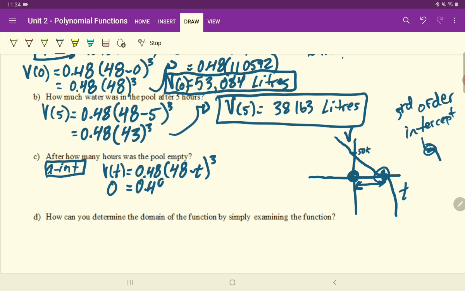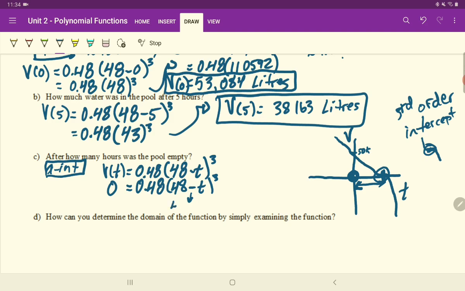And then ask yourself, okay, what value of t will provide me with the right side of the equation equaling 0? And the little shortcut to do that is simply set your bracket here equal to 0. Because if this bracket equals 0, then the whole right side will equal 0, right? And I'll show you why in a second.